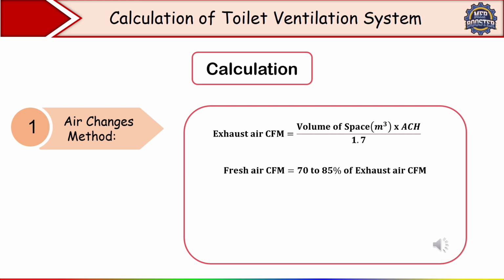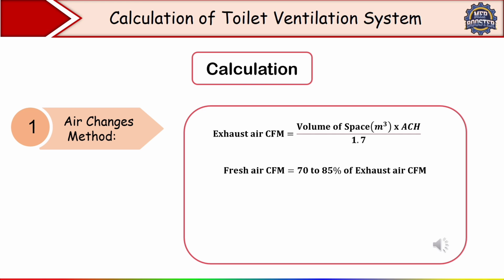And to calculate the fresh air CFM: when you are exhausting or extracting air from the toilet, the oxygen level inside the toilet will decrease. So to maintain the oxygen level and improve the indoor air quality, we have to supply fresh air also inside the toilet. How much fresh air?